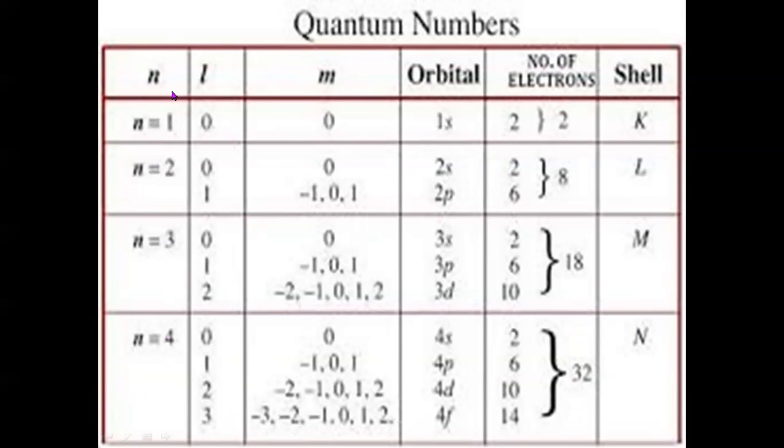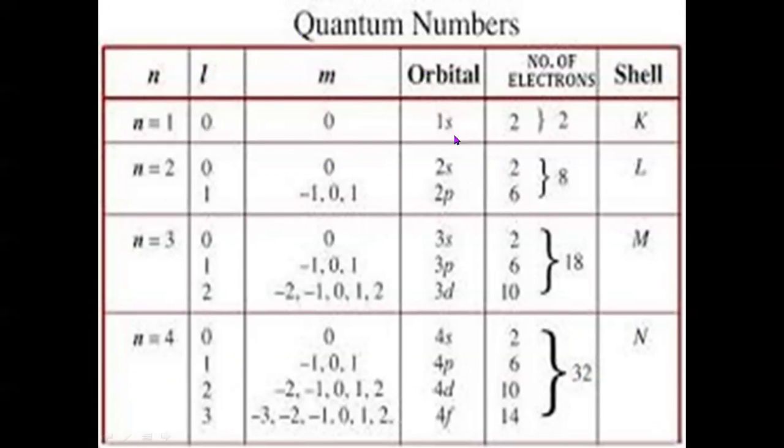Now, when n is equal to 1, l can have only one value and it will be 0. And when l is equal to 0, I told you that m will be 0. So l equal to 0 means m equal to 0, and it will be the 1s orbital, meaning the sub energy level is s, the orbital is also s, therefore it is 1s.